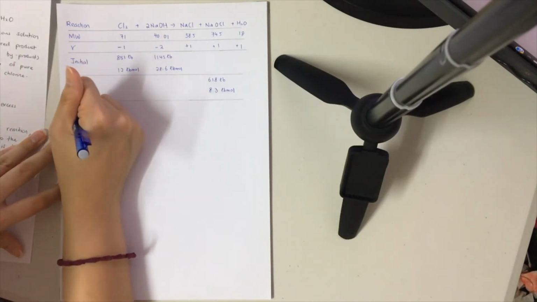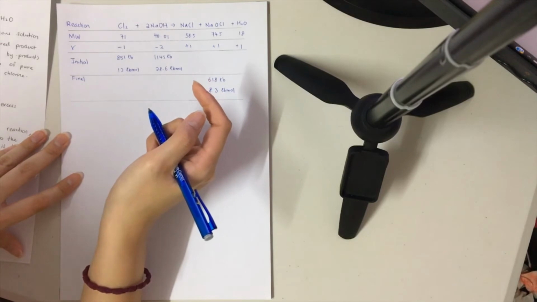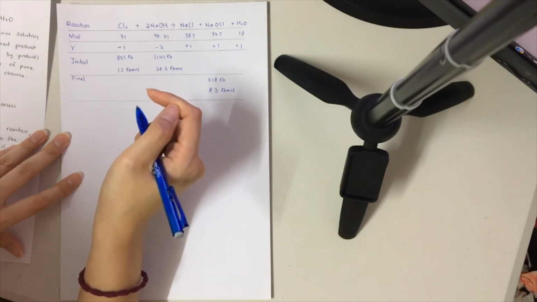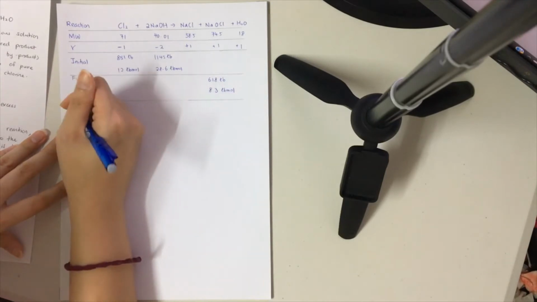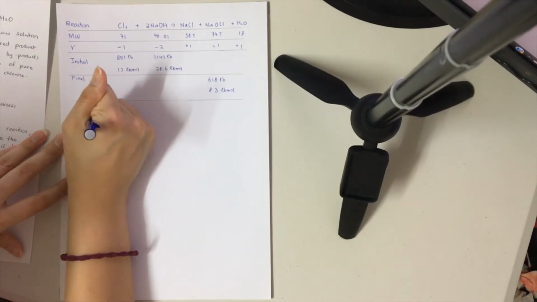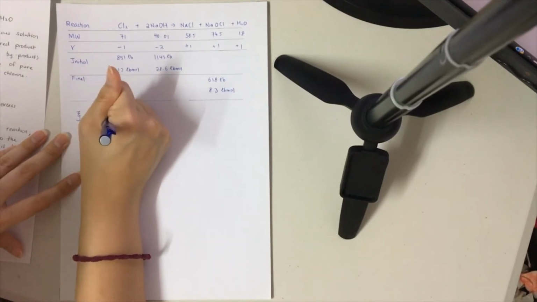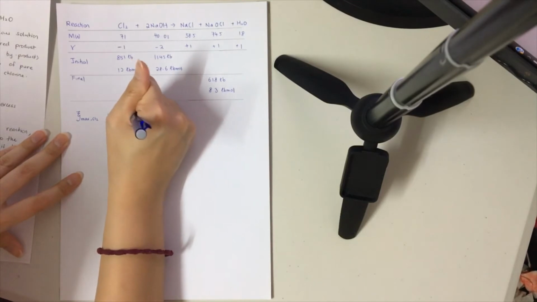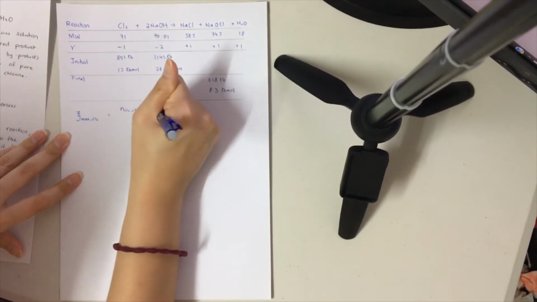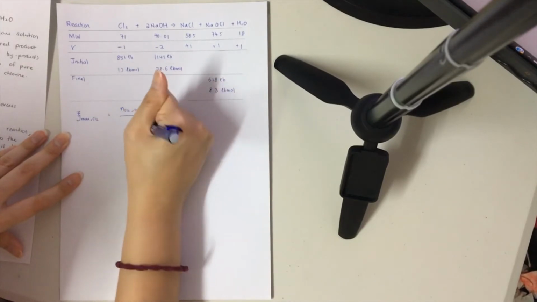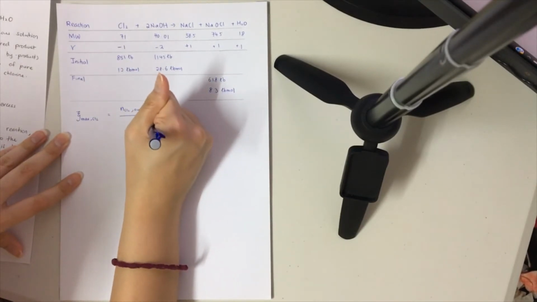With that, we calculate the extent of reaction at maximum for chlorine and for NaOH. For Cl2, it equals N Cl2 out minus N Cl2 in divided by its stoichiometric ratio.